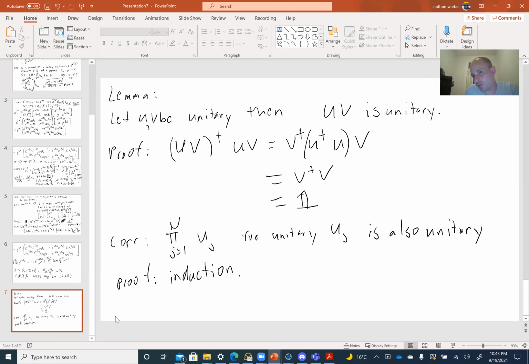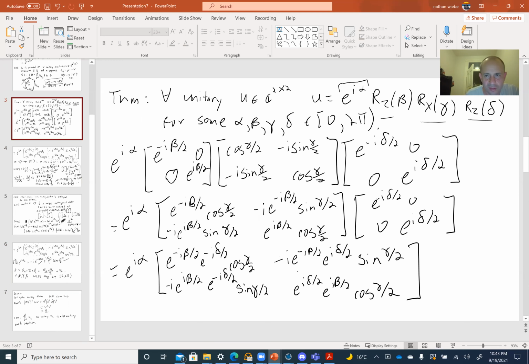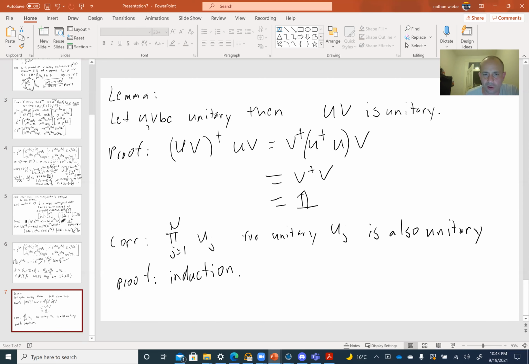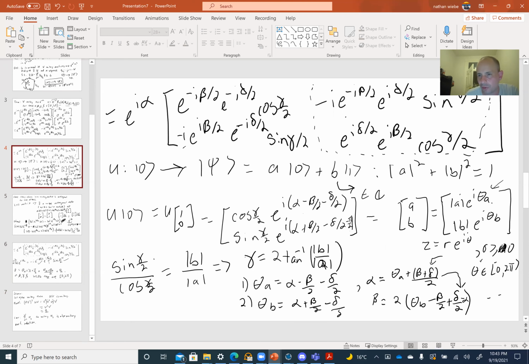Okay, so this means that the product of unitary matrices in general is unitary. Ergo, this over here is also a unitary matrix. Why is that? Well, because this is composed by the product of 3 unitary matrices. The product of unitary matrices by this argument is unitary. So therefore, this is not just an arbitrary matrix.